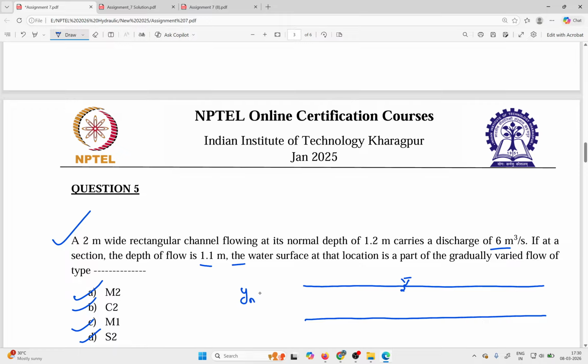Within this you have the normal depth of 1.2 meter, and at a section the depth of flow is, let us suppose at this section, your y is 1.1.